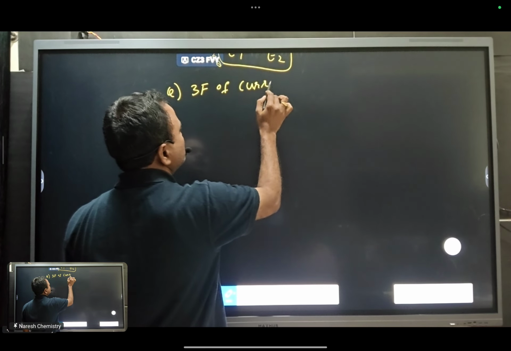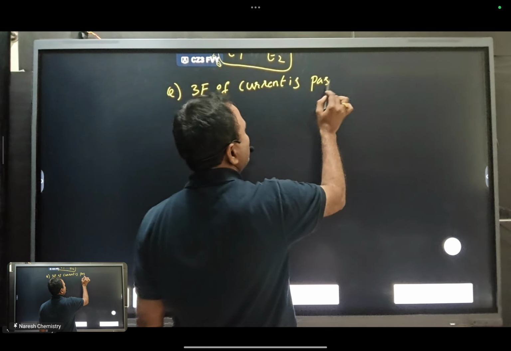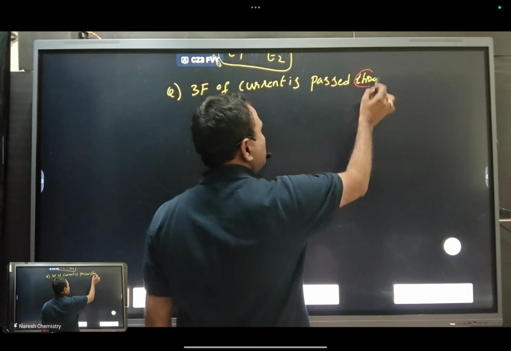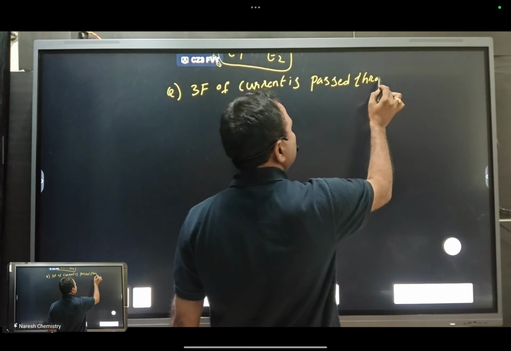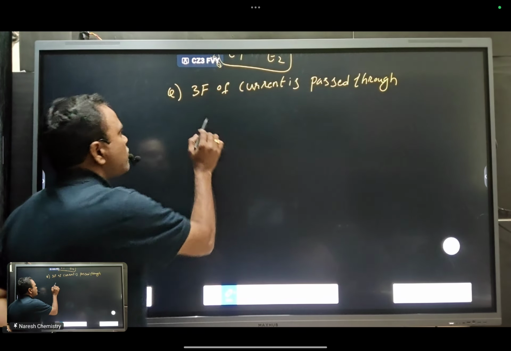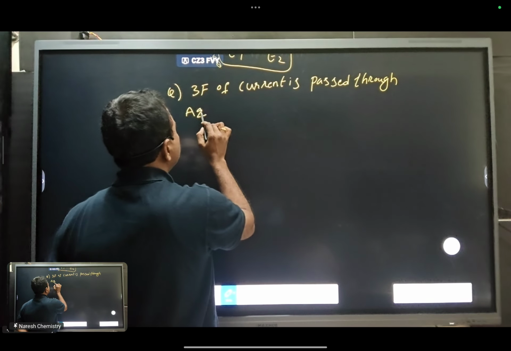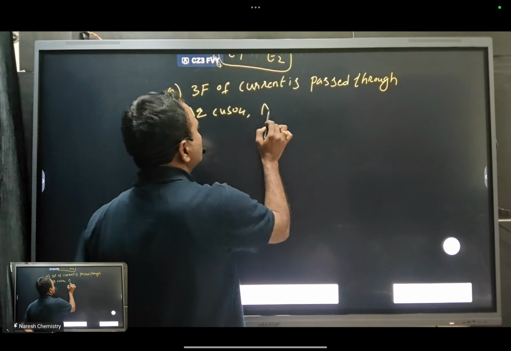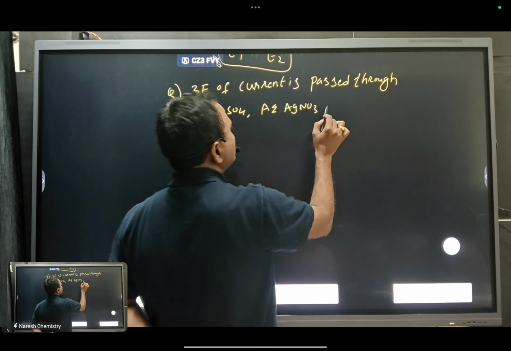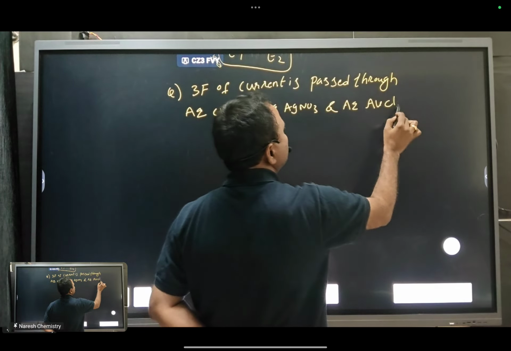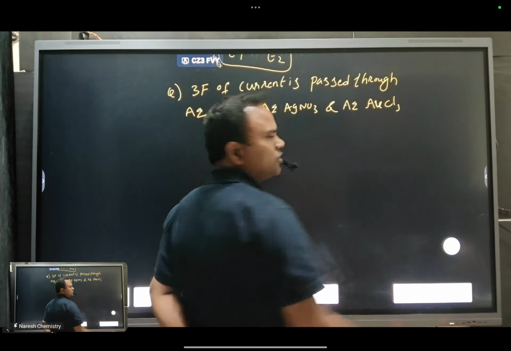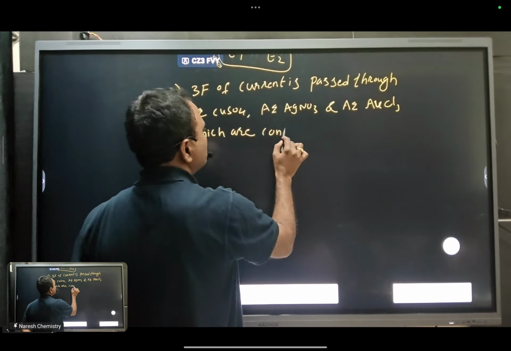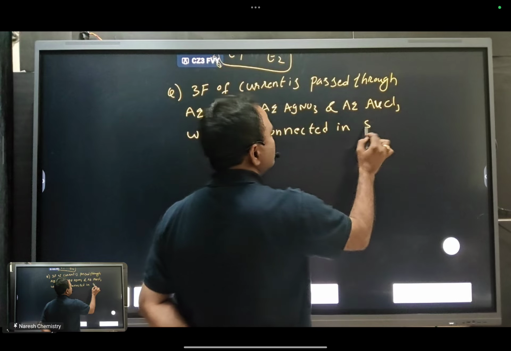Three Faradays of current is passed through aqueous CuSO4, aqueous AgNO3 and aqueous AuCl3, which are connected in series.